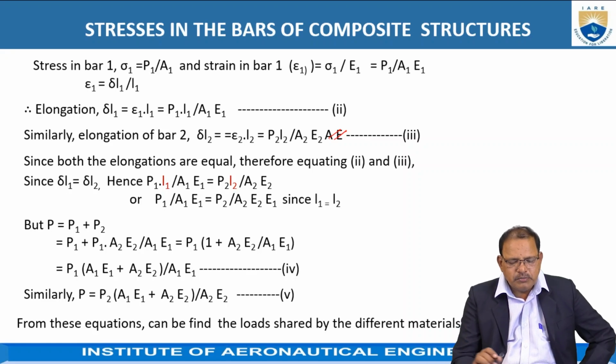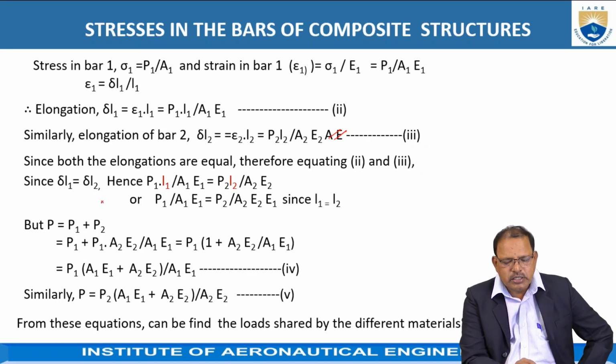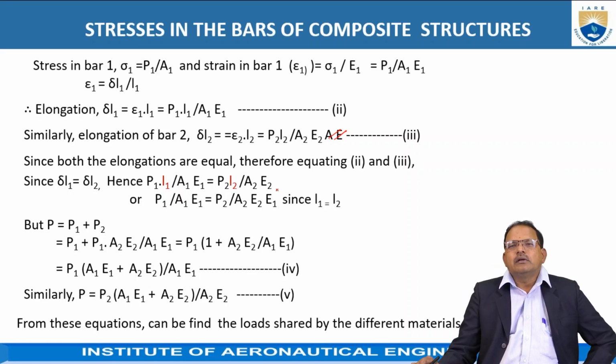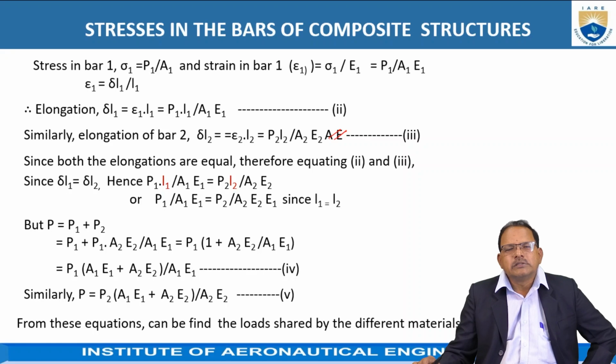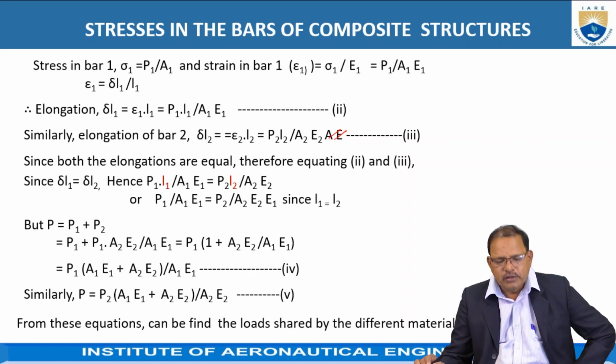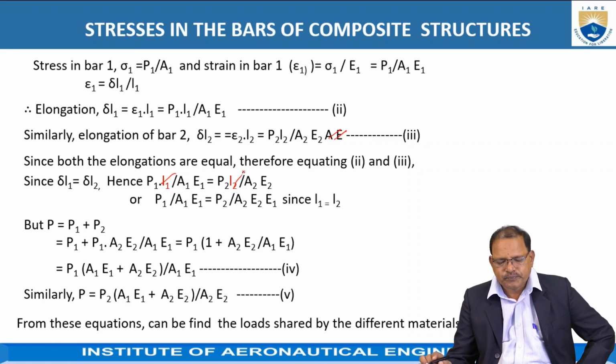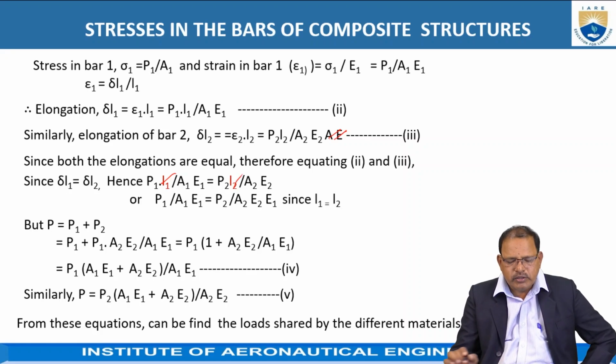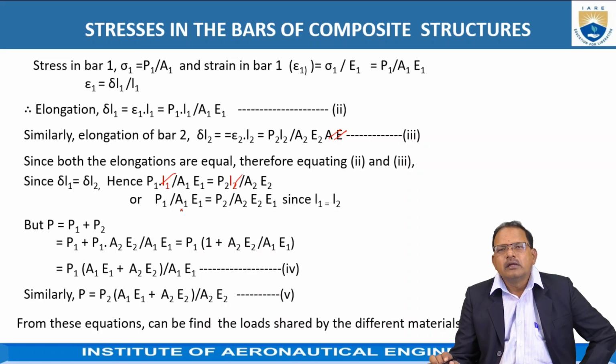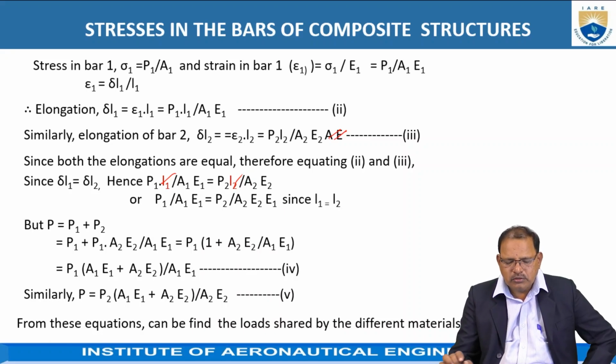That means delta L1 is equal to delta L2, that is, P1 L1 divided by A1 E1 is equal to P2 L2 divided by A2 E2. But the lengths of the bars are the same, hence we can cancel them. So the remaining equation is P1 divided by A1 E1 is equal to P2 divided by A2 E2.